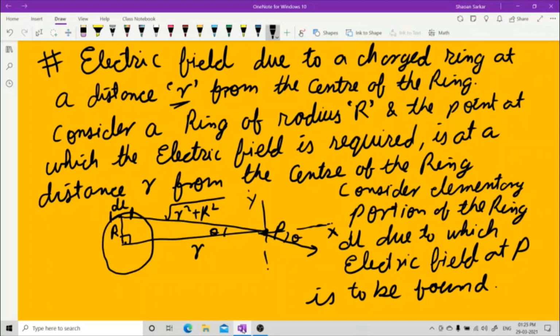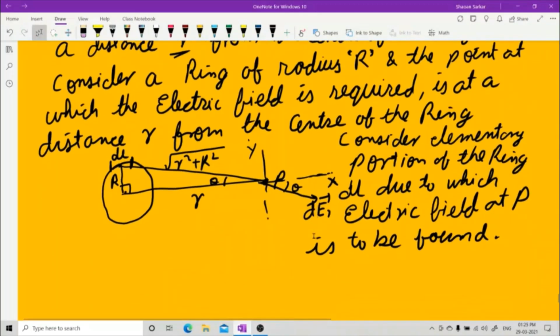This is the elementary portion at which the electric field at point P is to be found. This elementary portion gives rise to an electric field dE1 due to this part.